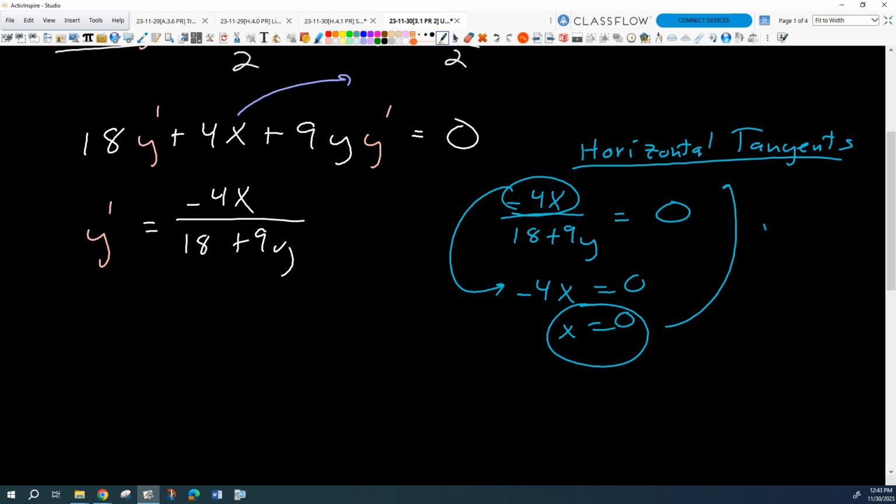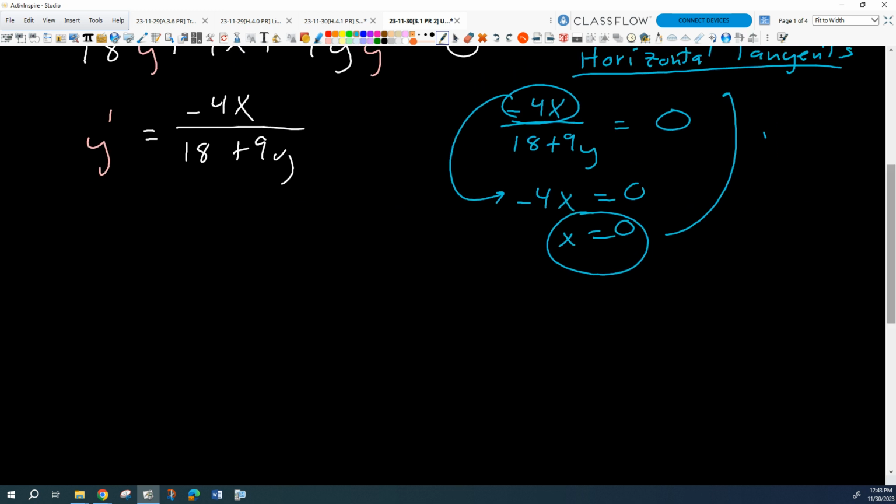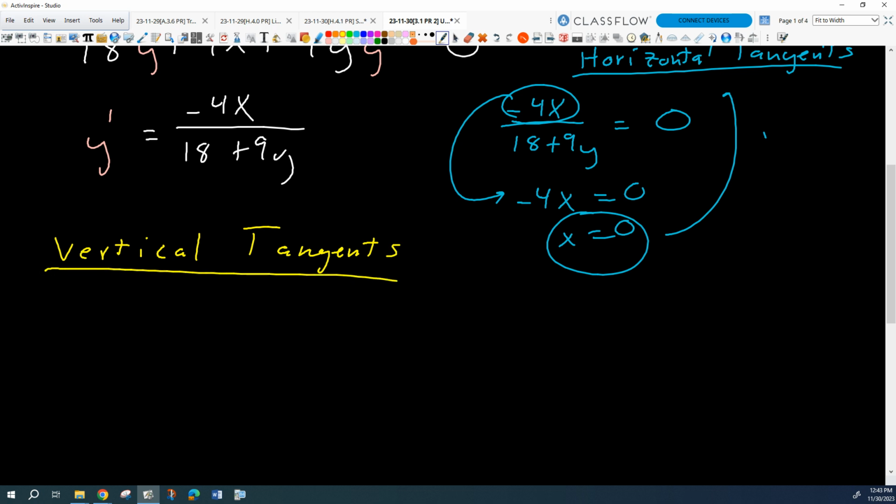Now where would we have vertical tangents? Okay, so vertical tangents. That's going to be where what happens? We've got our derivative.